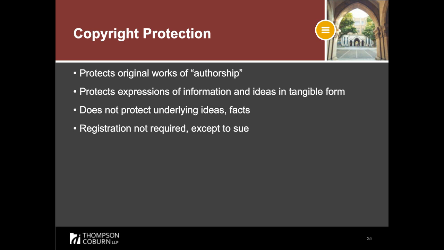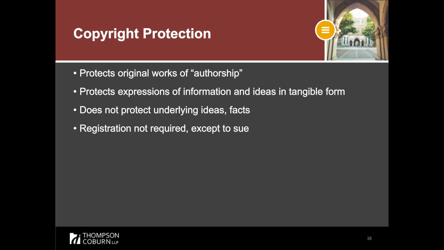It doesn't protect the underlying facts or just concepts or ideas that you have generally. It's just the way that they are expressed. Registration is not generally required unless you want to enforce your copyright against somebody else, in which case you would need to have a copyright registration in order to sue the other individual.